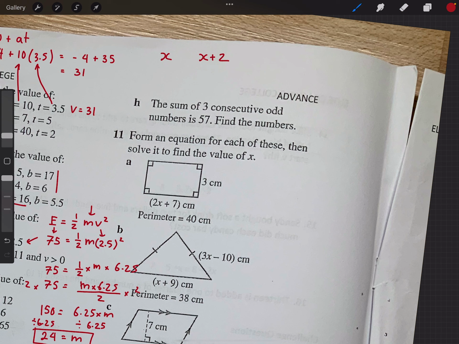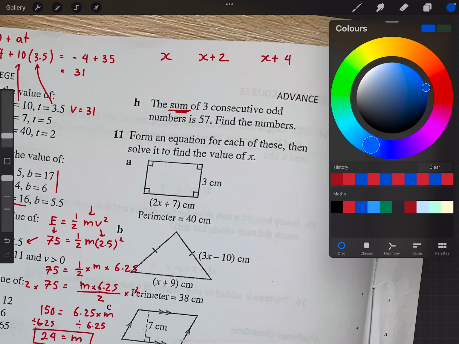And the third consecutive odd number will be x plus 4. Or you could say x plus 2 and then you add 2 again, so x plus 4. Okay, so these are the 3 consecutive numbers. It says the sum of the 3 consecutive numbers is 57. So what we're going to do is add them up.